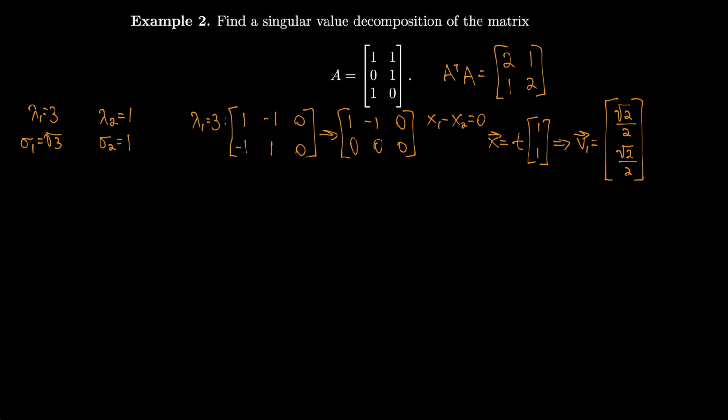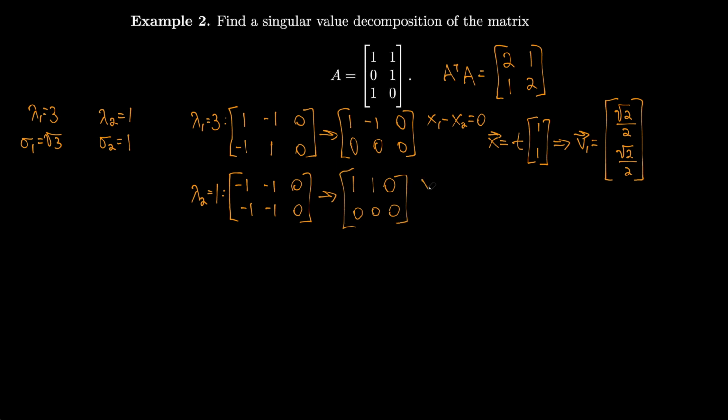Let's do the same thing now for lambda 2, which is 1. Plugging lambda equals 1 into lambda I minus A, we get minus 1, minus 1, minus 1, minus 1, set that equal to 0, 0, and reduce, and we get 1, 1, 0, 0, 0, 0.